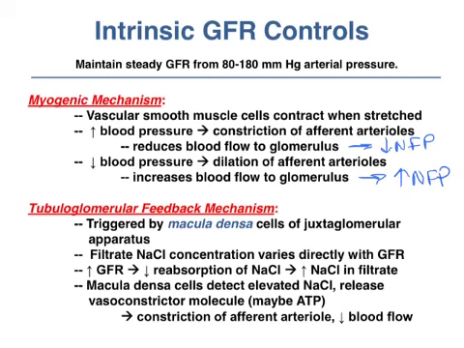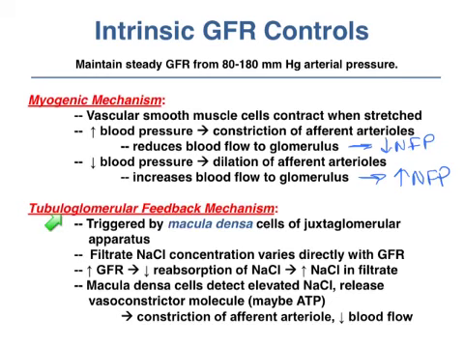So those are your myogenic mechanisms, just reflexive actions of the smooth muscle cells. And these act within normal parameters of blood pressure fluctuation, like if you're exercising versus relaxing in front of the TV. Myogenic mechanisms help control your glomerular filtration rate within that range.